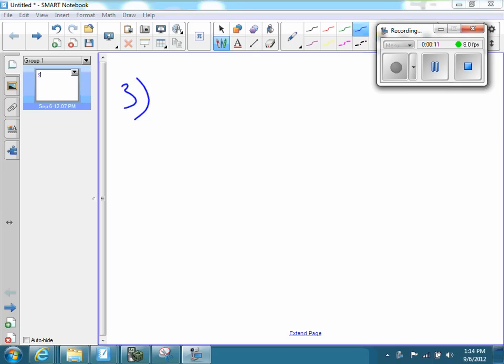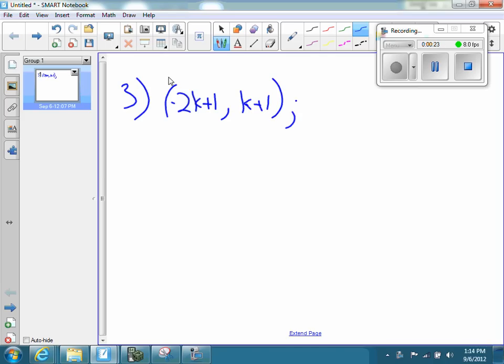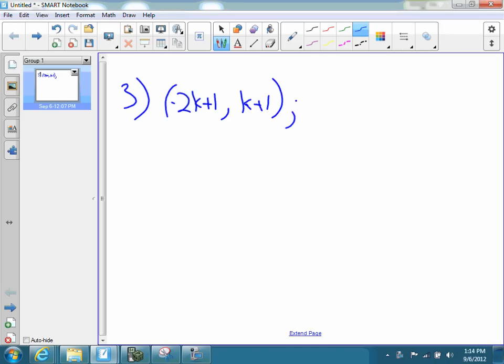A line passes through the points (2k plus 1, k minus 1), thank you, good catch, and the second point is (8, -10). So the points are (2k plus 1, k minus 1) and (8, -10).